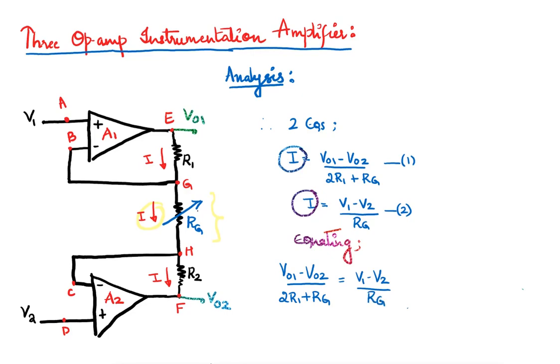What we want, if we look at the first equation for the output voltage, is an equation in terms of V out 2 minus V out 1. So we have to rearrange this particular equation so that we get the equation for V out 2 minus V out 1.